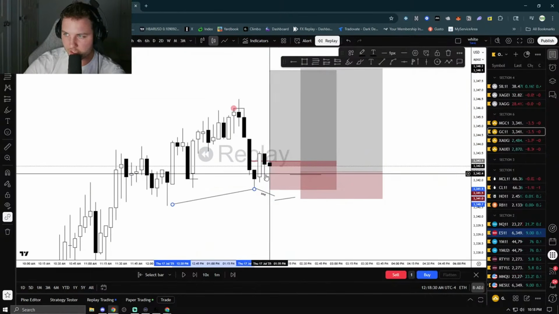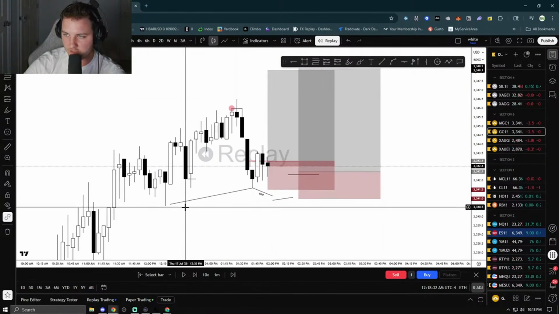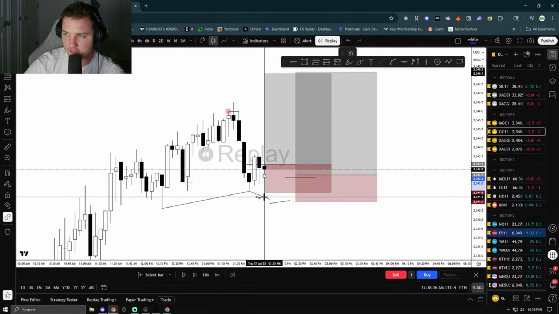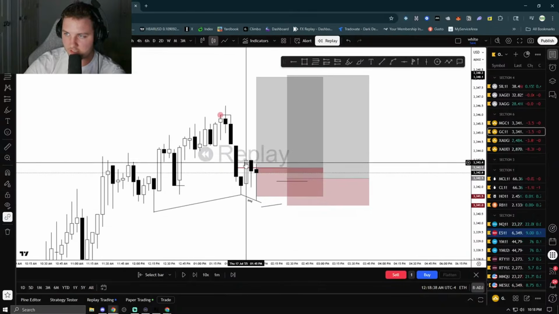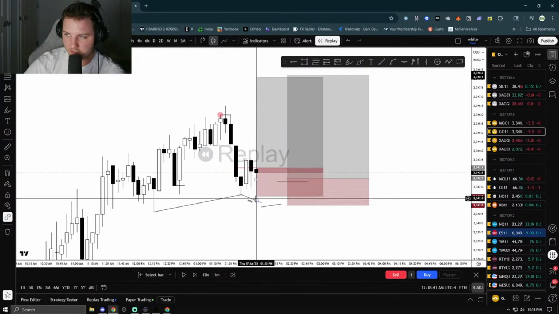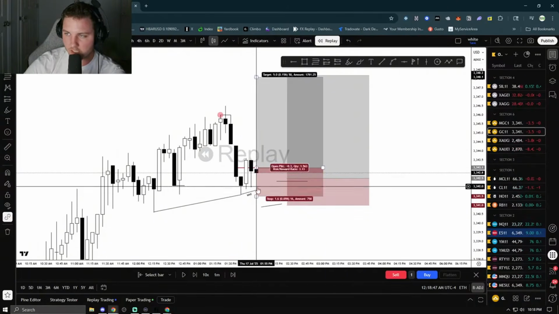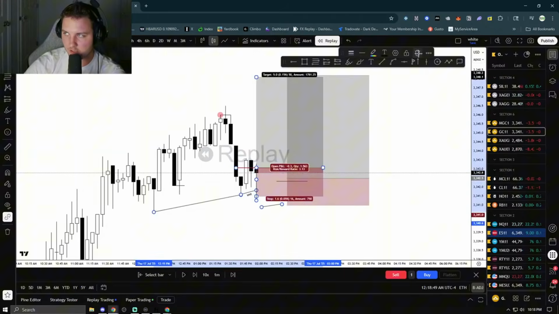If we SMT this on the other asset, then this is technically a protected low, right? But you're getting way too trigger happy.